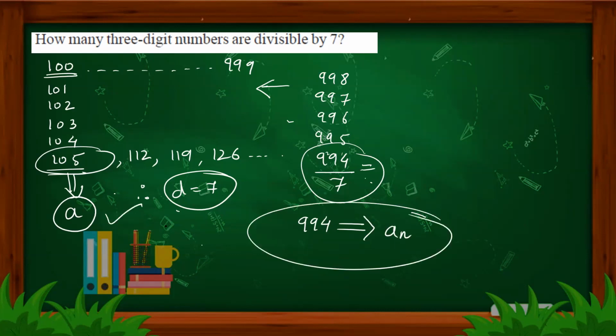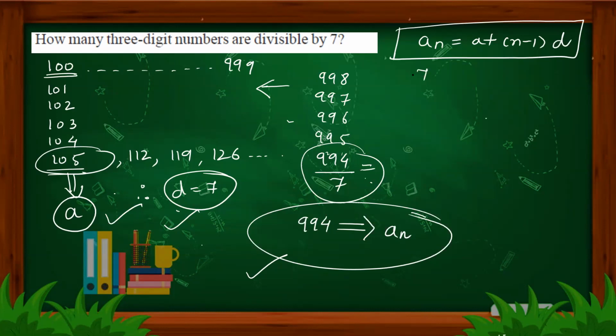Now you have A, you have D, you have AN. Just put in the formula. AN is equal to A plus N minus 1 into D. So 994 is 105 plus N minus 1 into 7.